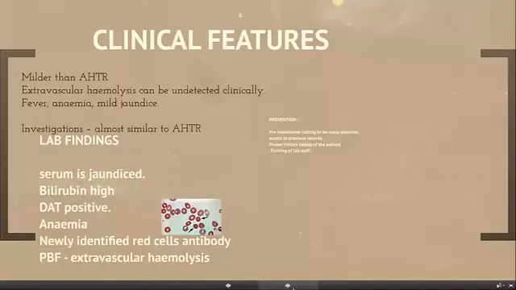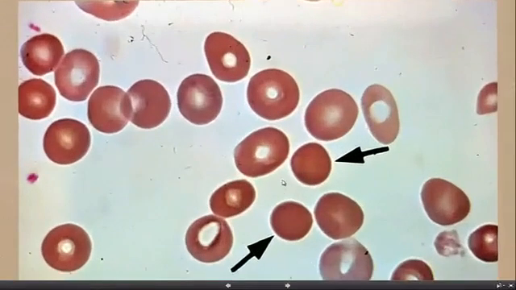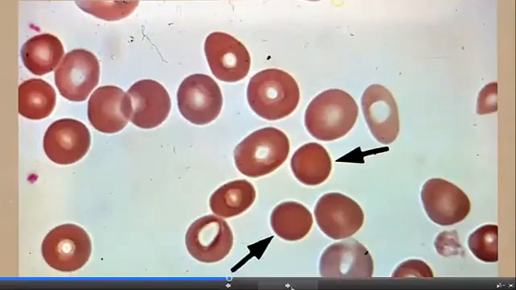Bilirubin will be slightly high, and direct antiglobulin test will be positive. The patient will be anemic even though the patient has received a few pints of blood. And when we send the blood to the blood bank, they will identify the red cells antibody. And in the peripheral blood picture, we will see signs of extravascular hemolysis, such as spherocytes here.